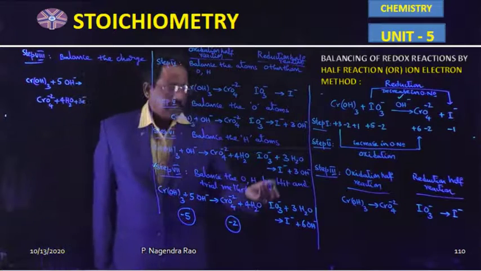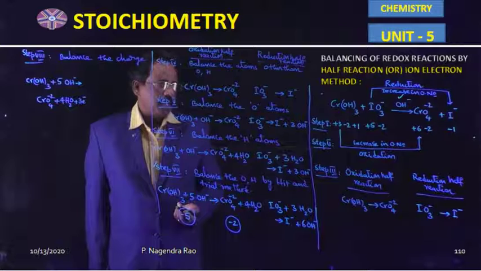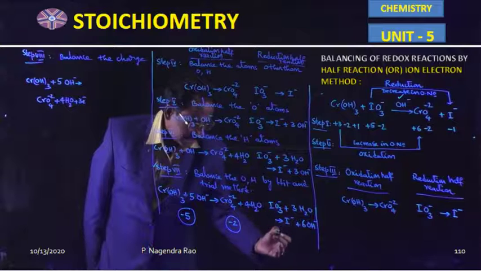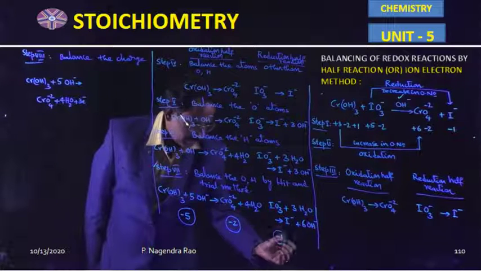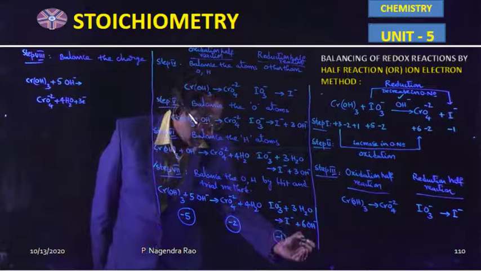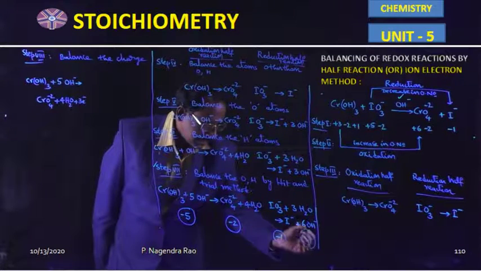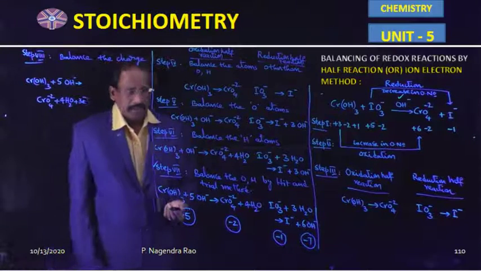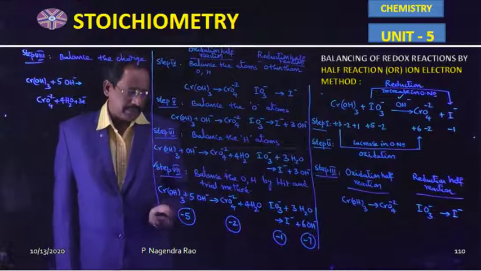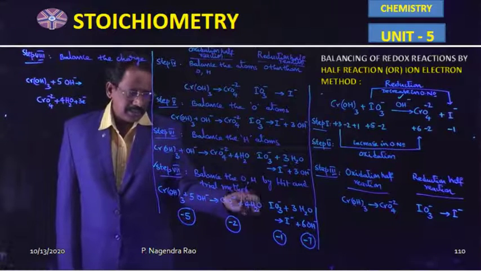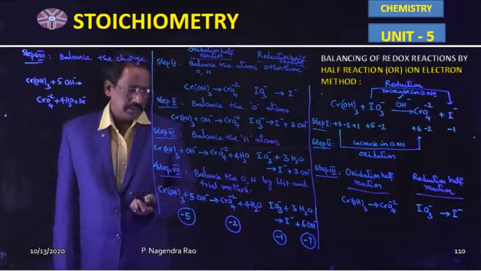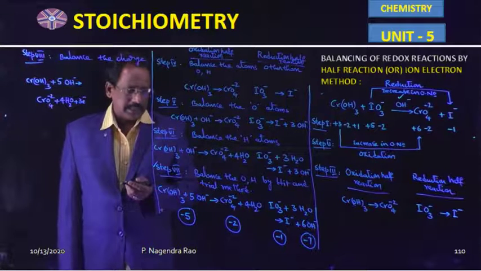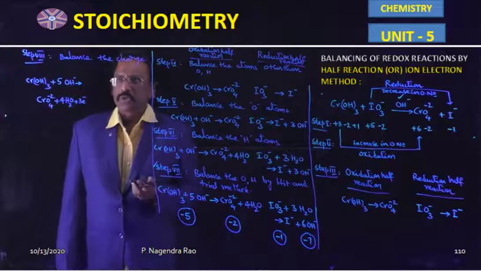Similarly, in the reduction half reaction, in the reactant side the charge is minus 1. In the product side the charge is minus 7. So add 6 electrons in the reactant side, because gaining of electrons is known as the reduction process.